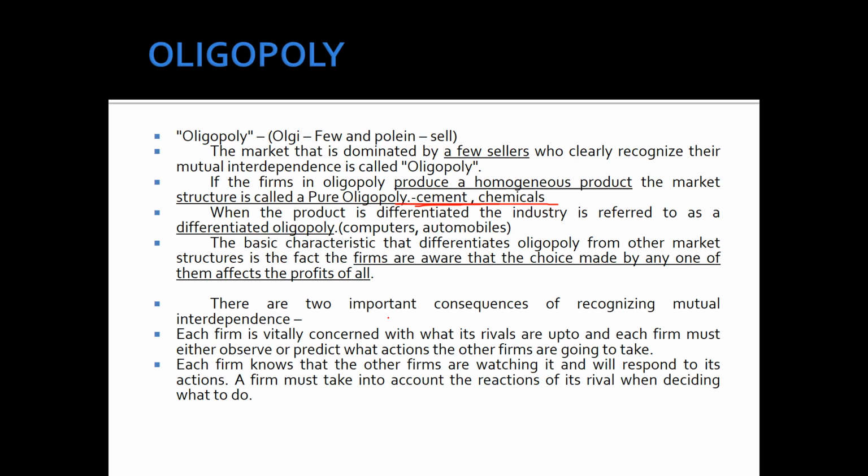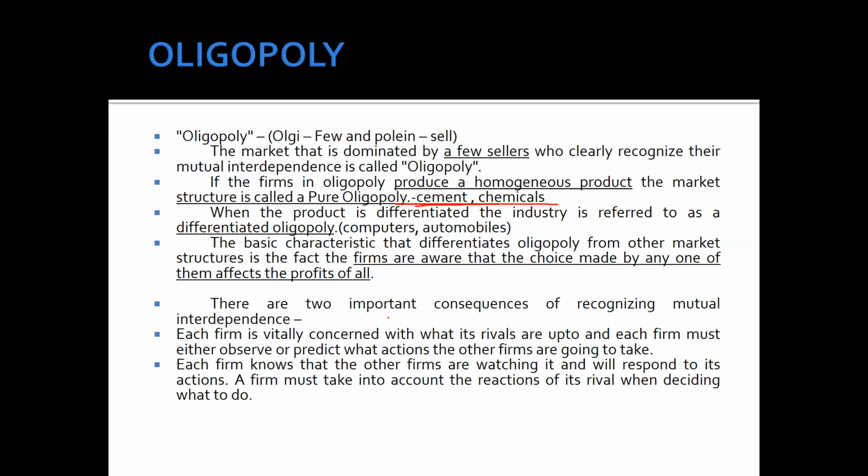In the same way, if you would like to purchase a computer, there is HP, Dell. There are a number of companies, however these are very limited. When the product is differentiated, the industry is referred to as a differentiated oligopoly.